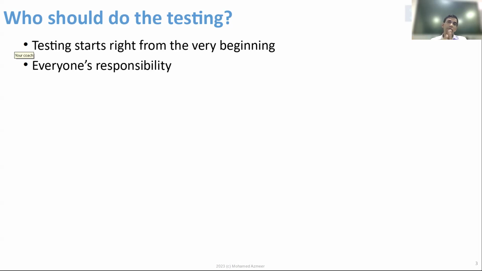So remember we talked about V&V, validation and verification. Validation is where we validate our understanding: are we building the right product? As this slide says, testing starts right from the very beginning. Number two, it is everyone's responsibility, not only the coder. We can't put the blame on the coder.